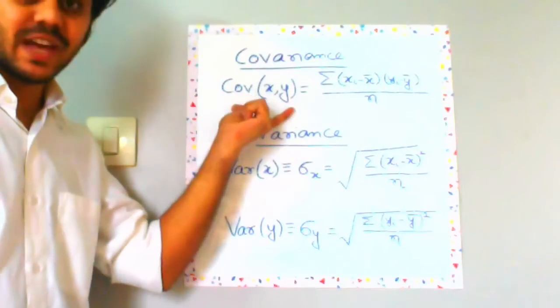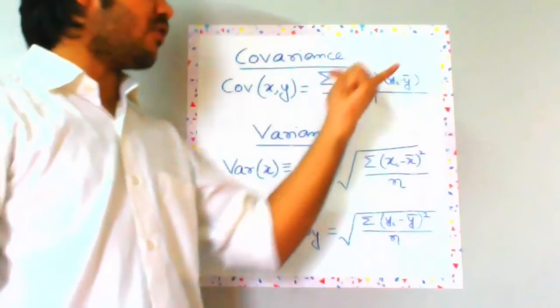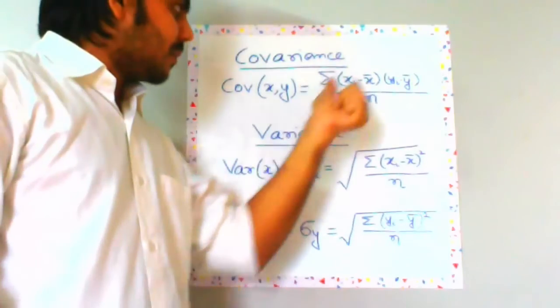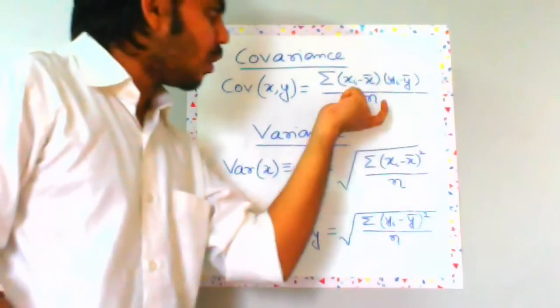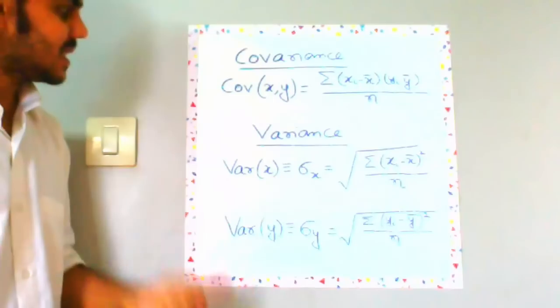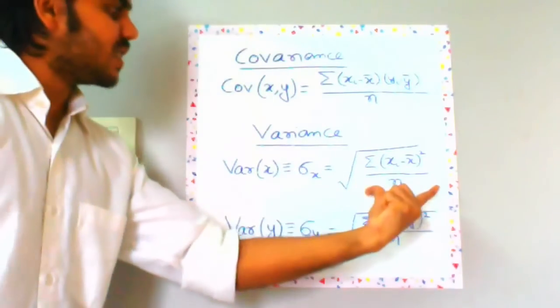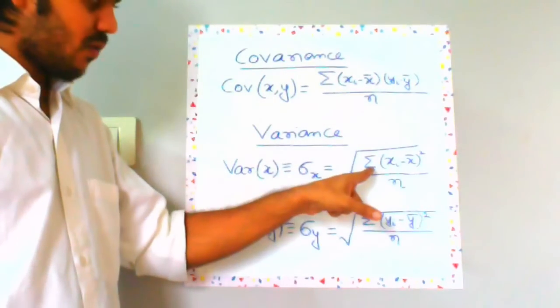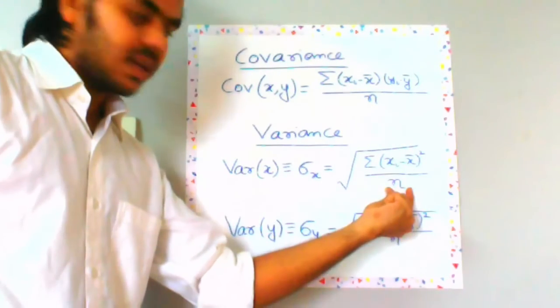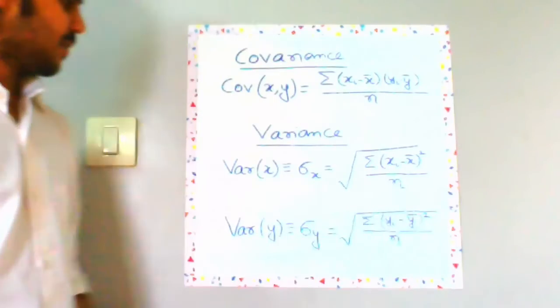Covariance between x and y is defined as the sum of product of deviations, this thing in the numerator, sum of product of deviations upon the number of observations. And standard deviation is defined as square root of this quantity, sum of square of the deviations upon n, the number of observations.